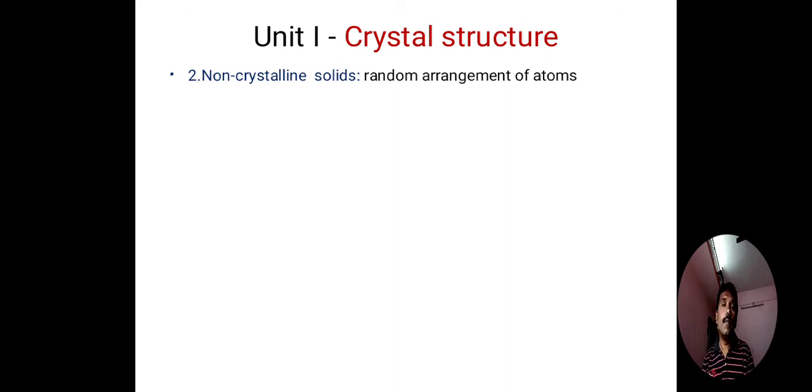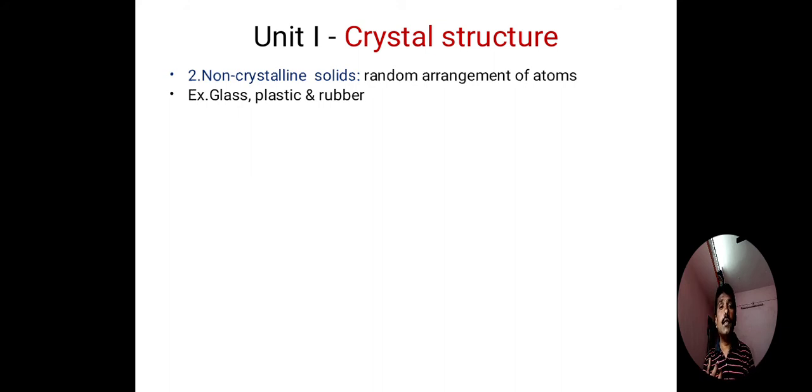That is why non-crystalline solids are those with a random arrangement. In day-to-day life, examples of non-crystalline solids are glass, rubber and plastic.